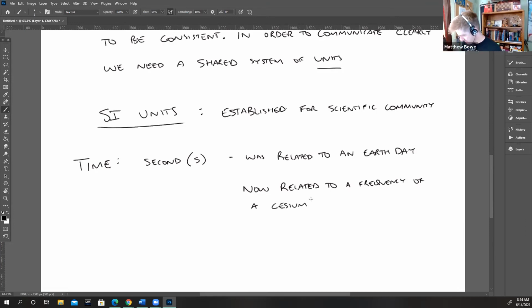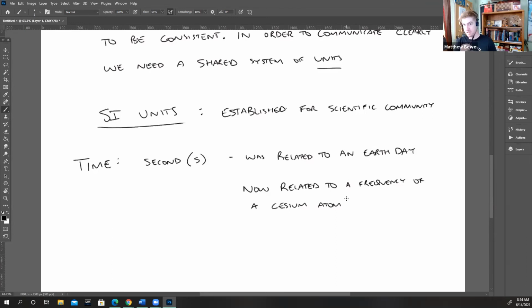Now, if you get a bit more into physics, or if you take physics 4C, you'll learn a bit more about atoms, or maybe even in some chemistry classes. An atom has a vibration, a frequency, and it's just a counting of this one atom.